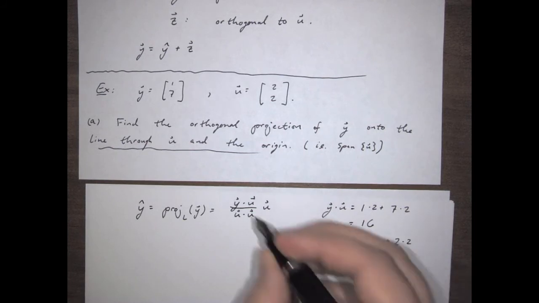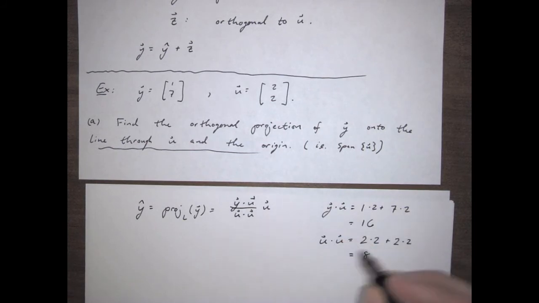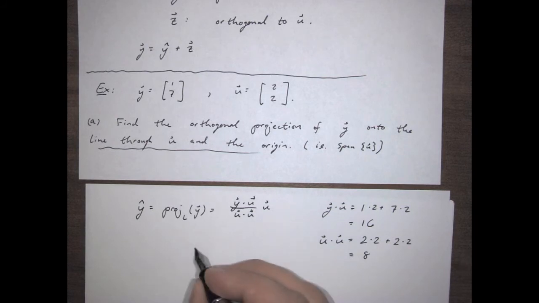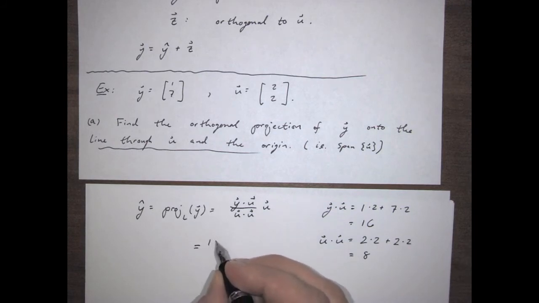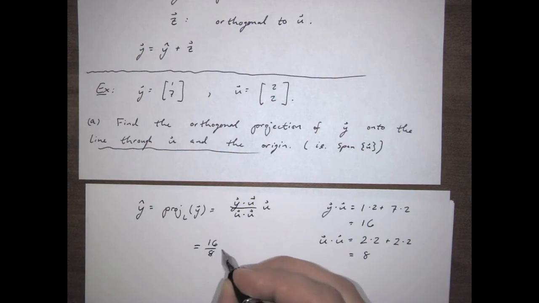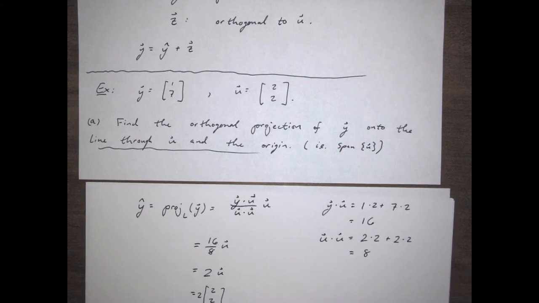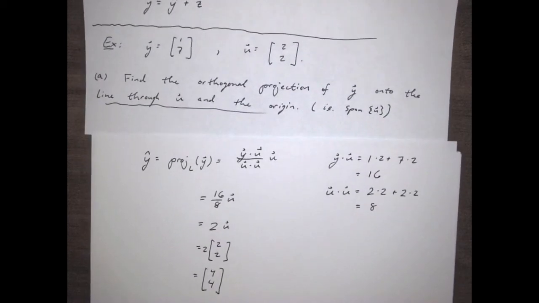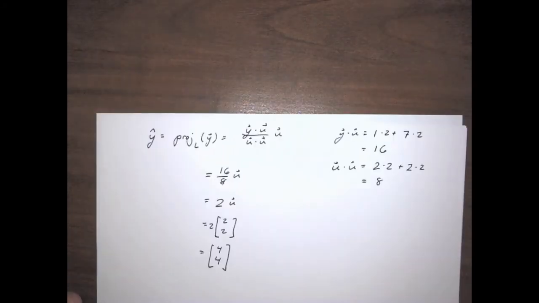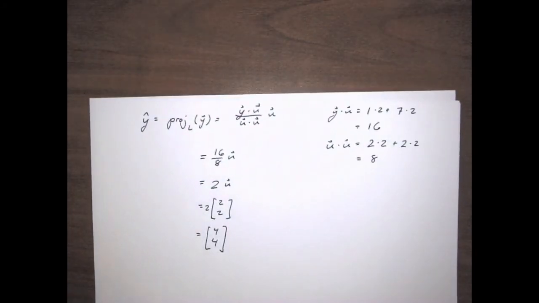And so what this gives us is the weight, which is going to be equal to 16 over 8 times u, in other words, 2 times u, which is going to be 2 times (2, 2), which is going to be (4, 4).